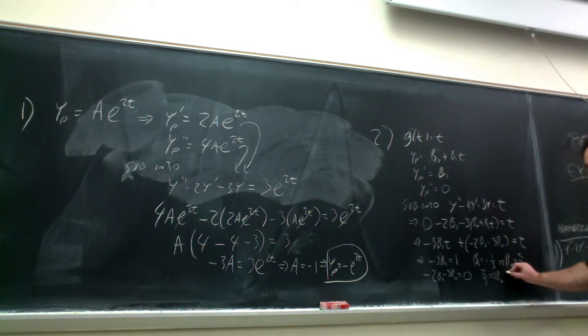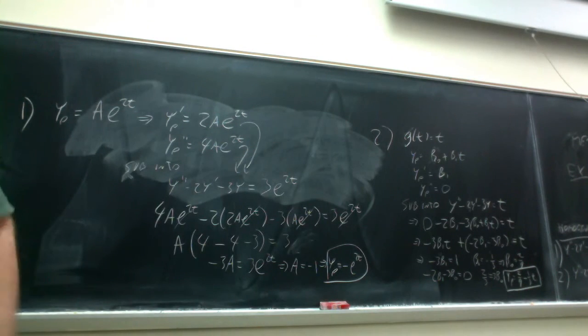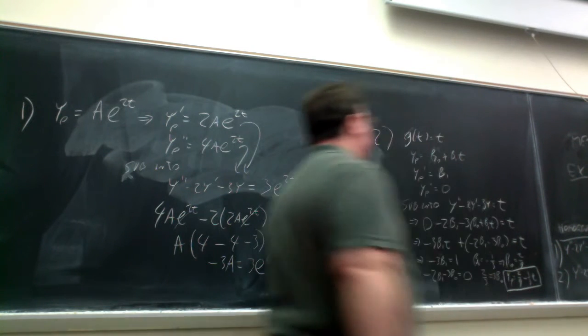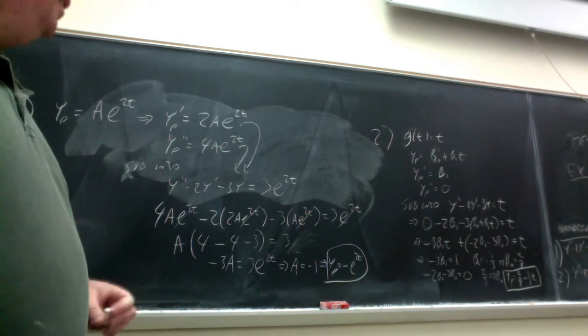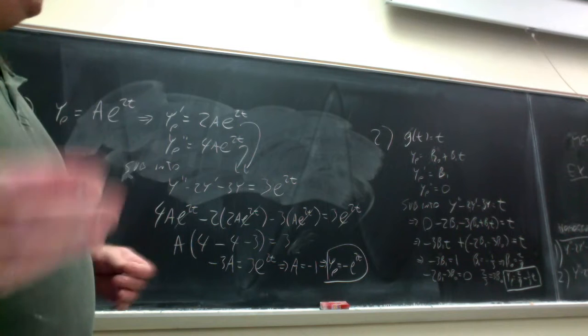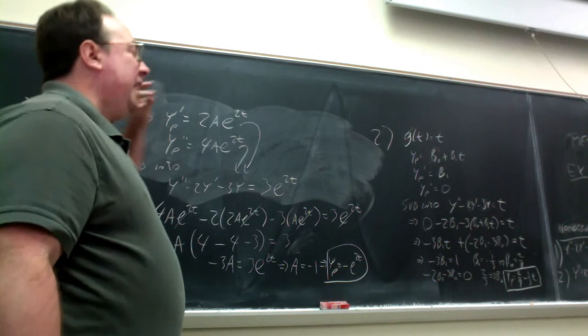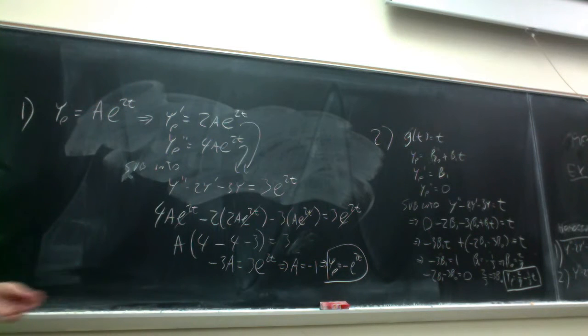So your particular solution is equal to 2/9 minus 1/3 t. So that plugged into this DE will give you what you're looking for, t. All right, so use the roots of the homogeneous equation, use the form of your g of t to find the form of your particular solution that has some unknown coefficients, plug that into your non-homogeneous DE to figure out what the coefficients must be.